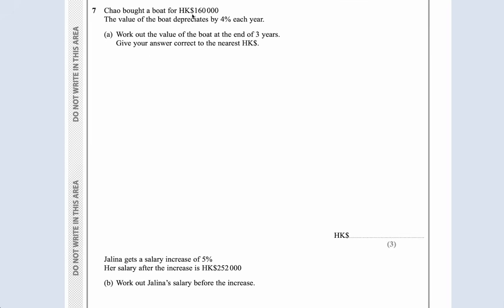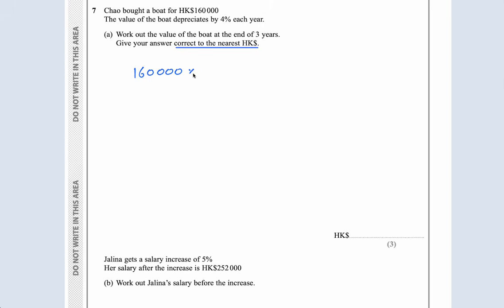Chow bought a boat for this many Hong Kong dollars. The value depreciates by 4% per year. Work out the value of the boat at the end of 3 years, correct to the nearest Hong Kong dollar. Again, guys, there's always a mark for these little rounding parts of the question, so be careful. Okay, so the easiest way to do this by far is to find out the multiplier. What's the multiplier? How can I decrease this by 4%?